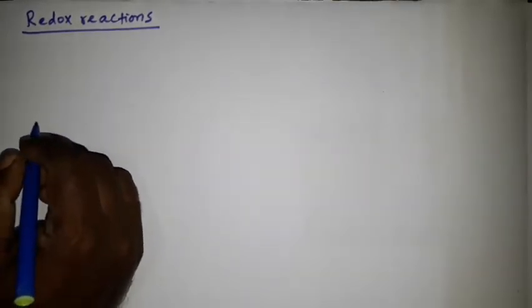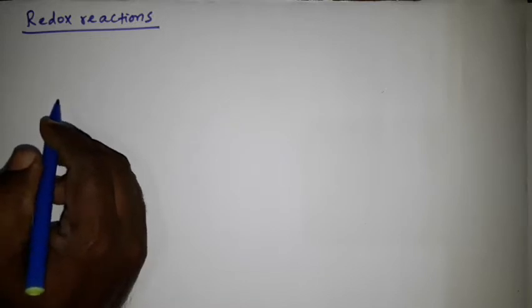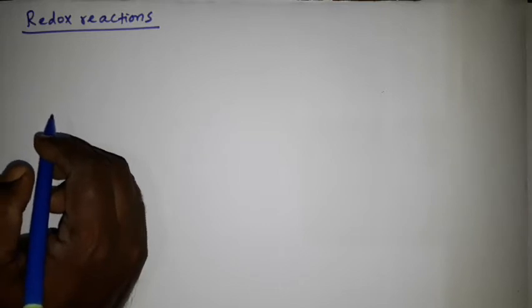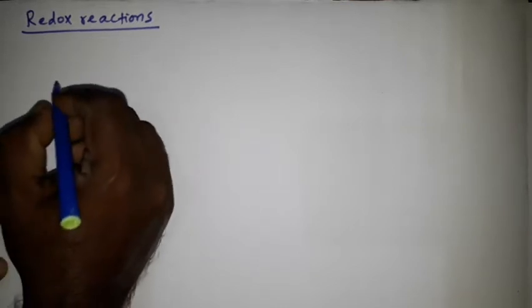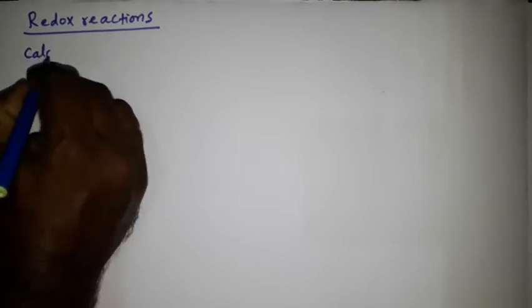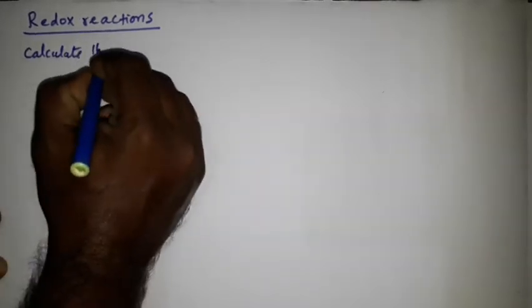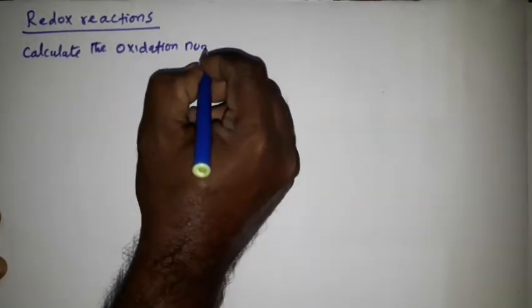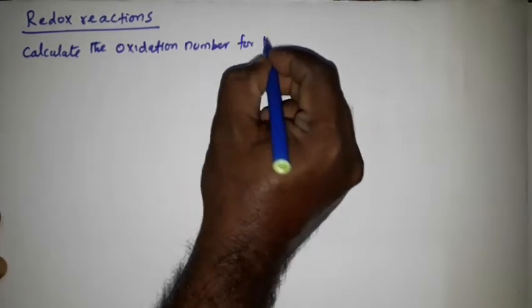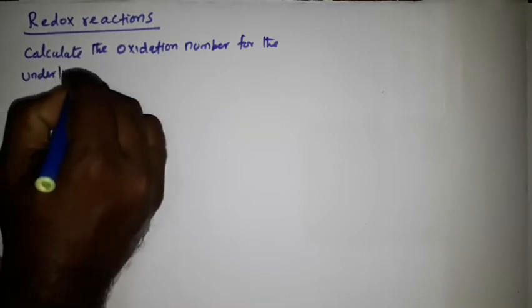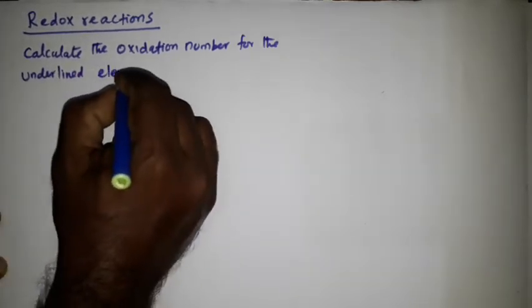Okay. So before going to discuss the types of redox reactions, I will recall how to calculate the oxidation number for the given element. See now, example, calculate the oxidation number for the underlined element.